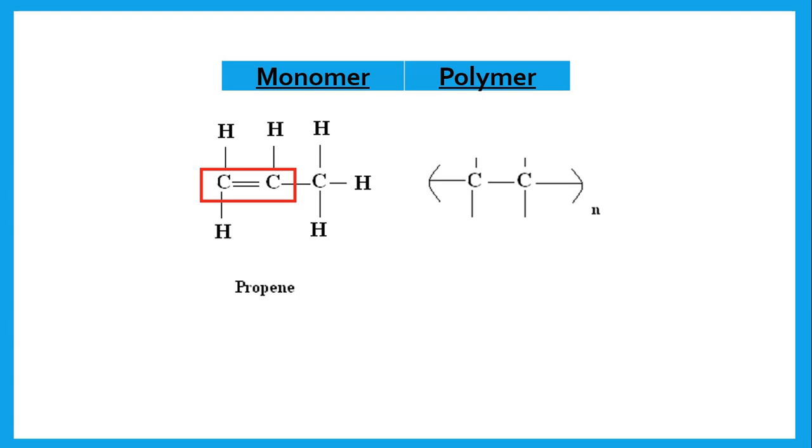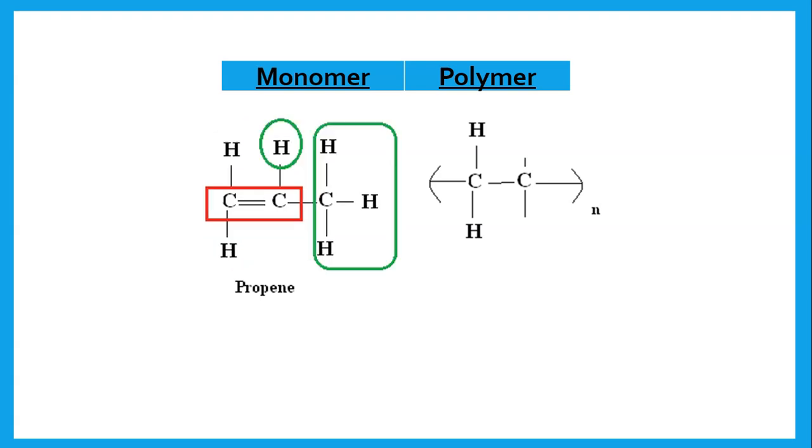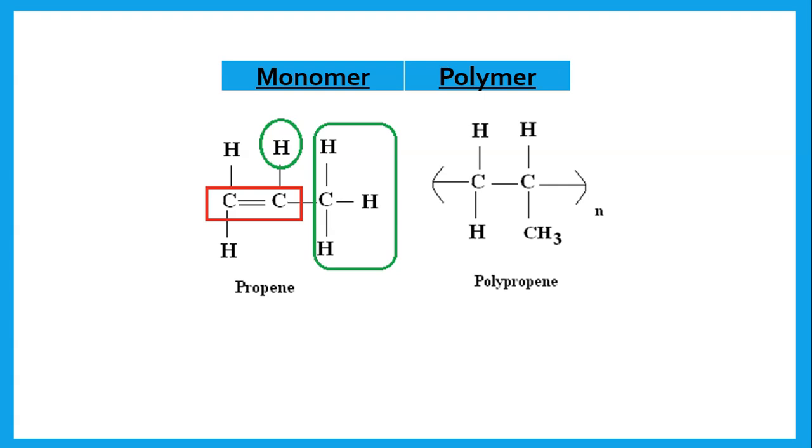Then we look at each carbon. Each carbon was bonded to what? That carbon on the left was bonded to two hydrogens. I copy the two hydrogens. Now, the carbon on the right of the double bond was bonded to a hydrogen and a CH3. That's exactly what I write. Again, what is the name of the polymer? This is starting from propene, so this is polypropene.